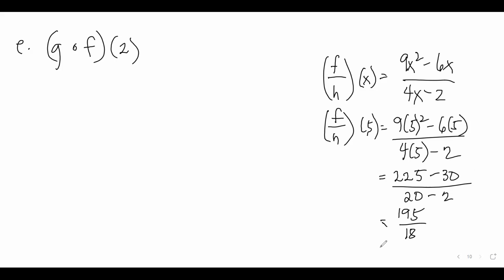They are divisible by 3. Ano yung lowest term? So 195 divided by 3, that would be 65 over 6. So this is our F over H of 5.